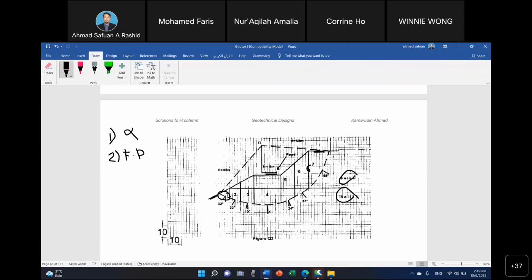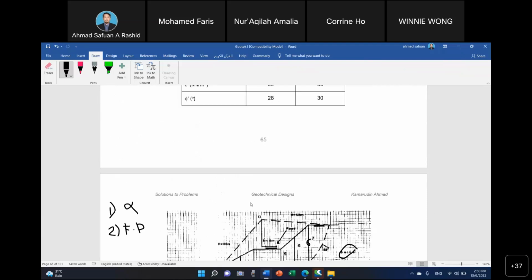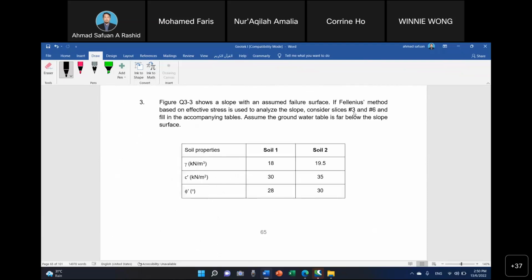But for slice number 7, it only consists of soil number 1. So that is the rule for the method of slices. Now we move to slice number 3.